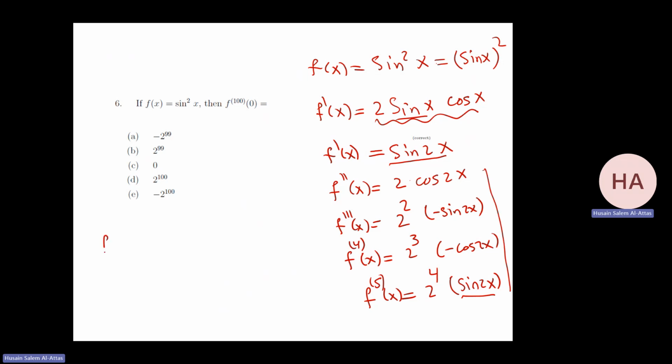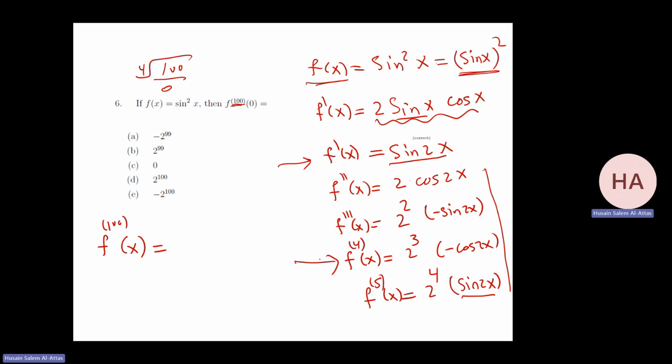Okay. So now when it comes to the 100th derivative, that will be what? 100. It will be like the fourth. If you divide 100 by 4, you get 0. I did not start with the pattern at the first; the pattern started from here.